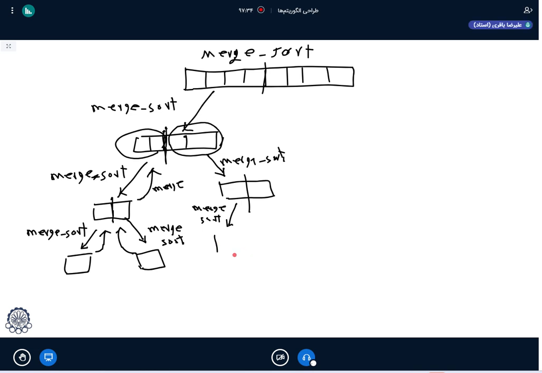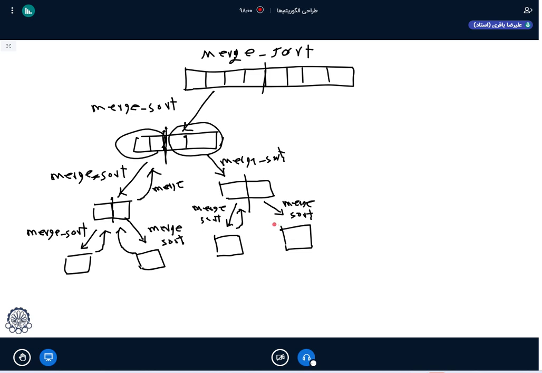The first part of this array has only one element, so the stop condition is satisfied, and we return back to its parent. Then it calls merge sort for the second part. So merge sort is called here for the second part, which is only one element.